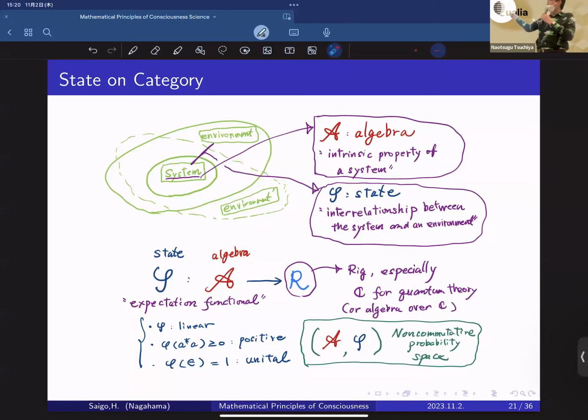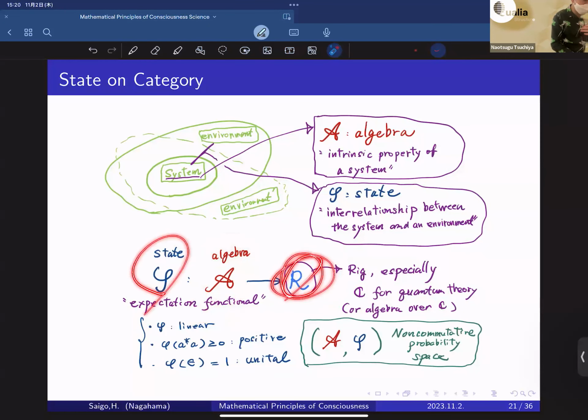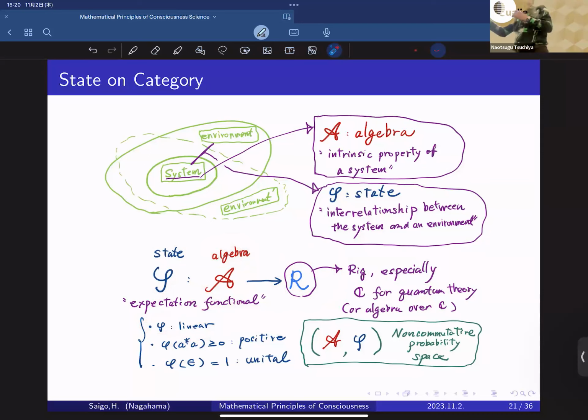If you admit this kind of condition, we get the notion of state in general on a star algebra. This is the general definition of state. If you are given a star algebra and some field, for example the complex numbers, the state is defined as an expectation function, E to S. This is linear, which corresponds to the expectation being linear.